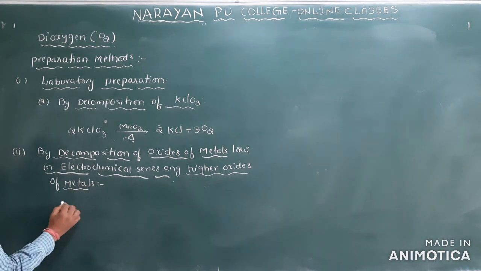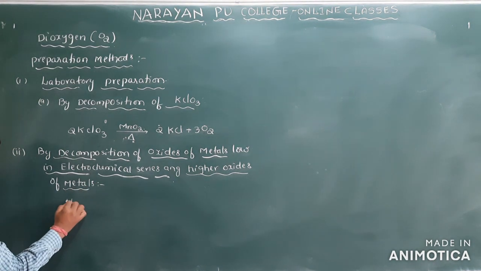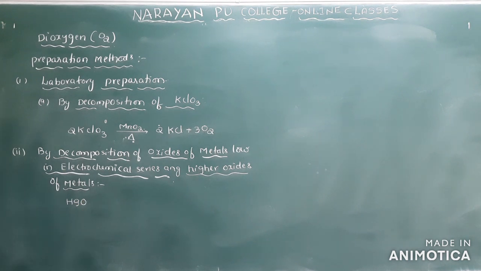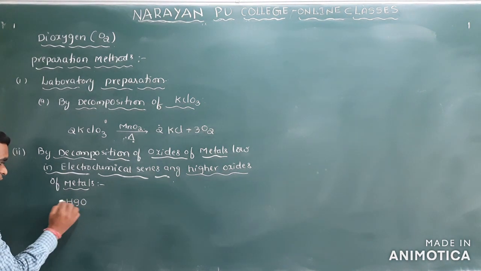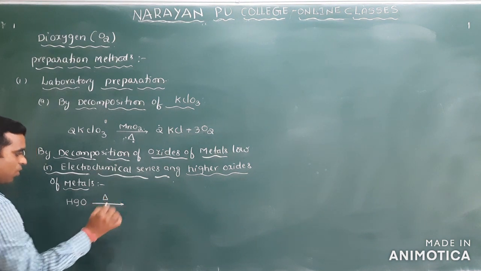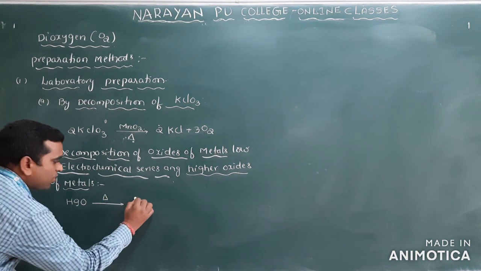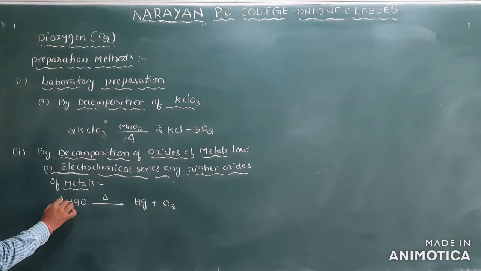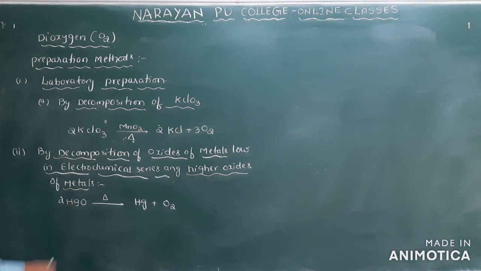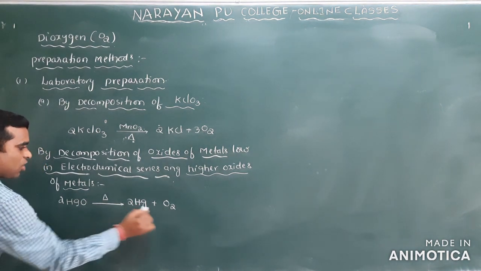Suppose I write a simple example here, HgO, mercuric oxide. If you heat this compound, what will you get? You will get Hg plus O2. Clear? Take 2 moles here and 2 moles of Hg, because 2 oxygens are there.